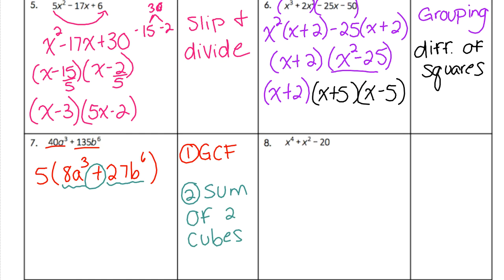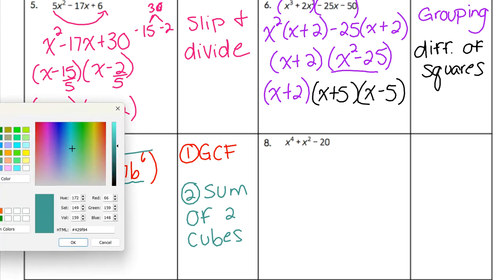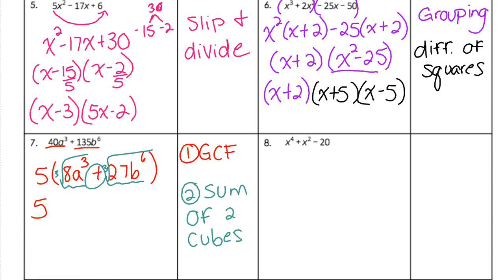So the sum of 2 cubes, remember, we're going to cube root both of these terms, and the 5 is just coming along for the ride. So my a: the cube root of 8 is 2, and the cube root of a cubed is just a. My b: the cube root of 27 is 3. The cube root of b to the 6th is b squared.